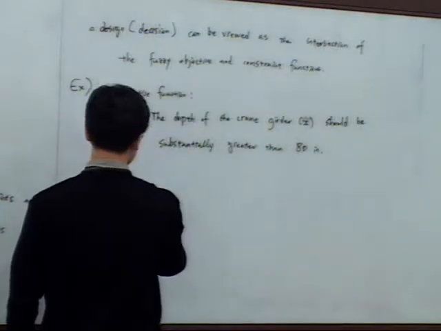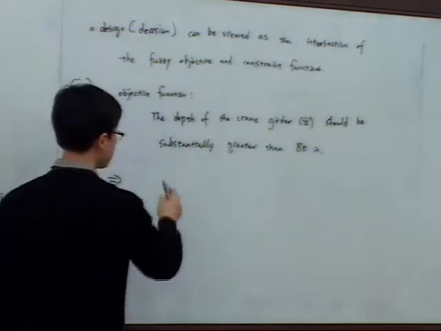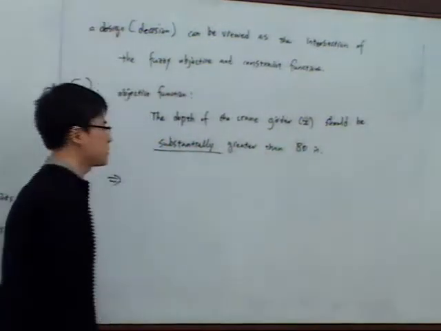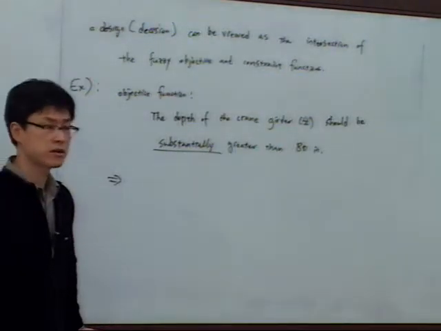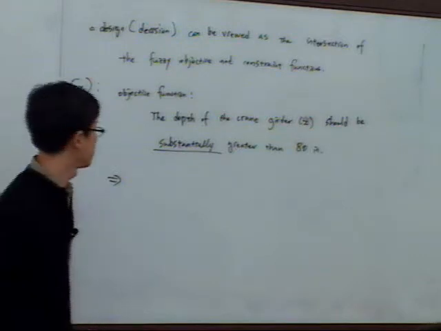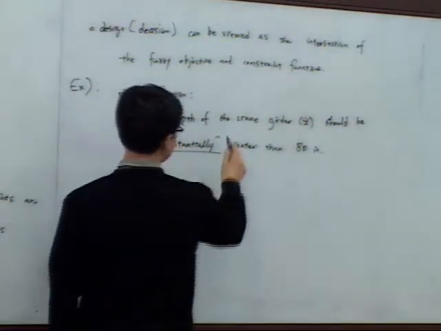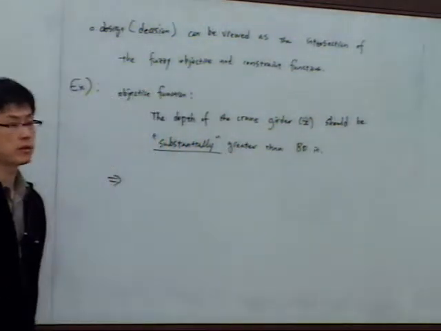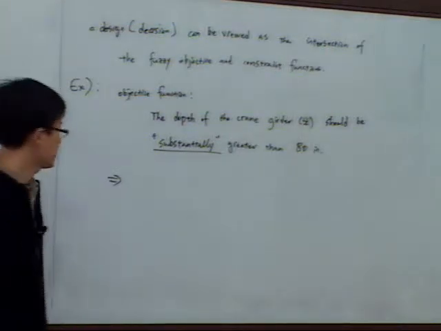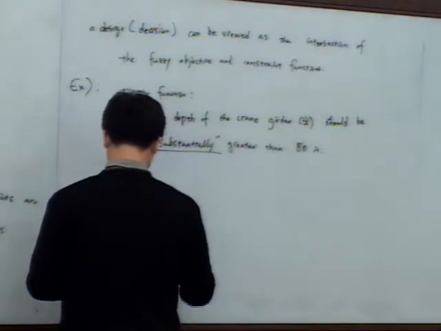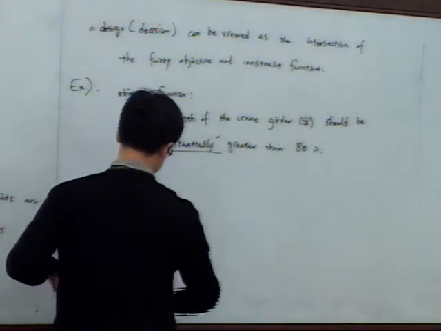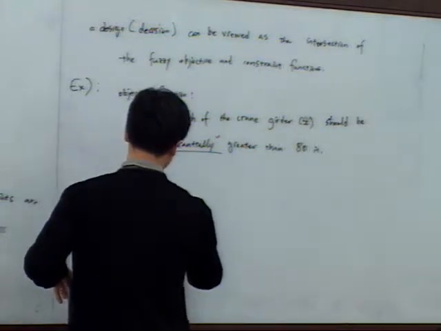So, in a fuzzy system, fuzziness comes in here: substantially greater than. What does substantially mean? It's very hard to transform into a direct number, so you may have mu sub f.